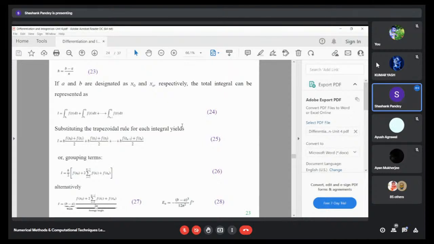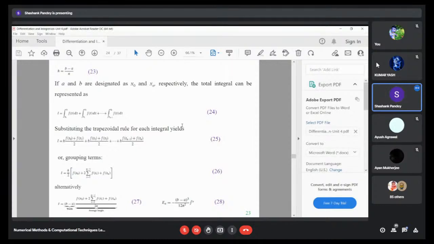Equation number 26 may also be expressed in a more general form, by equation number 27, and the approximate error is given by b minus a cubed upon 12 n squared into f bar double prime.